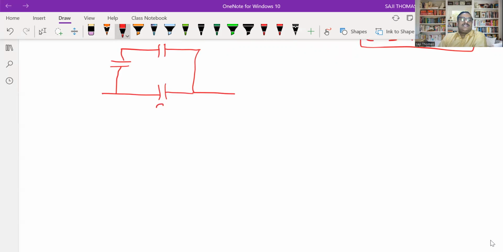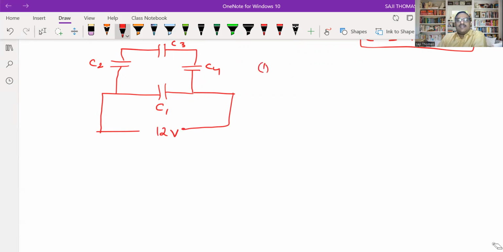This is capacitance C1, C2, C3, C4, and this is connected to a source of potential difference of 12 volt. This circuit diagram is given. Question number 1, calculate the effective capacitance.